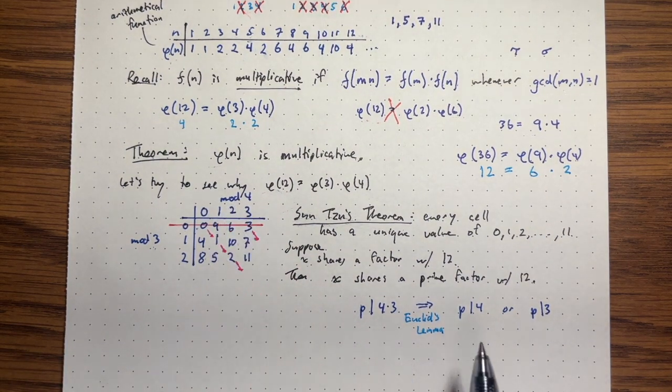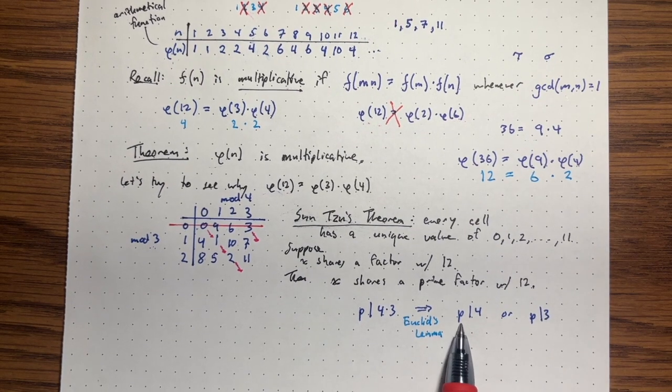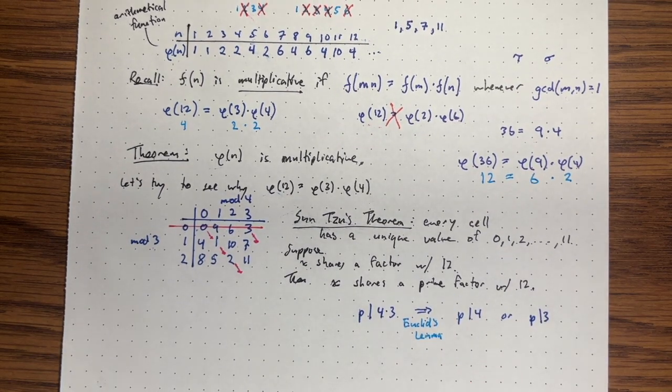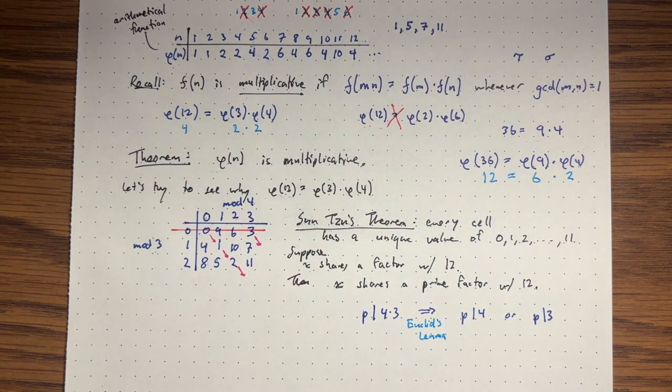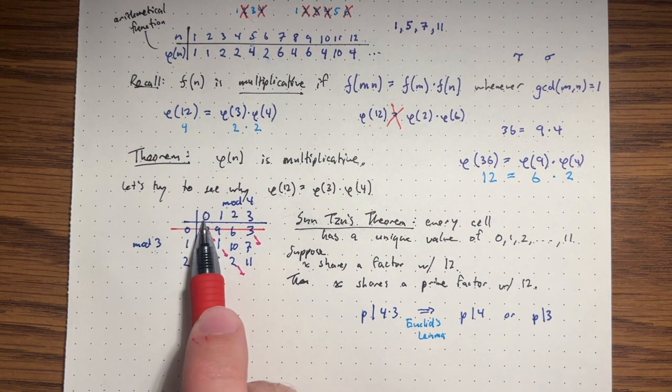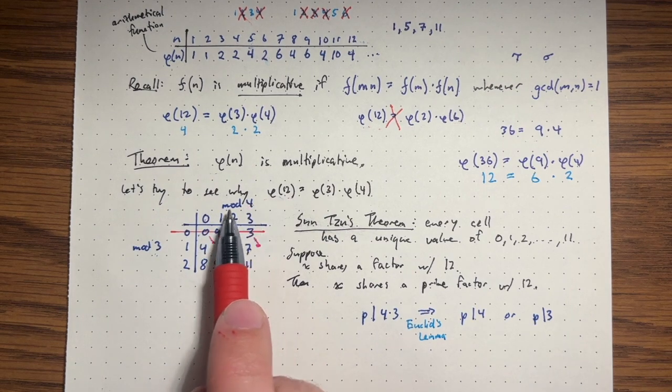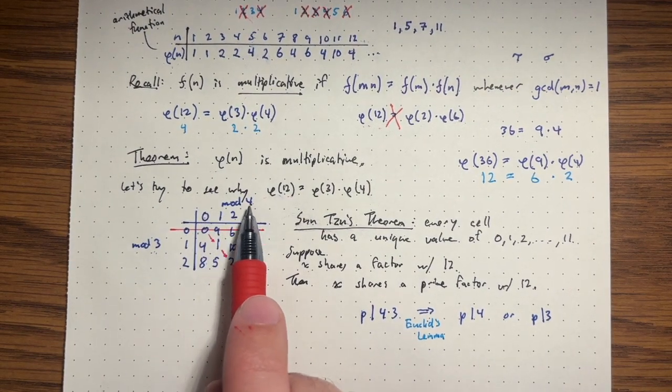If I share a factor with 4, well then that factor has to be a 2 or some multiple of 2. And that means I'm either 0 mod 4 or 2 mod 4. So these are exactly the numbers less than 4 that share a factor with 4.